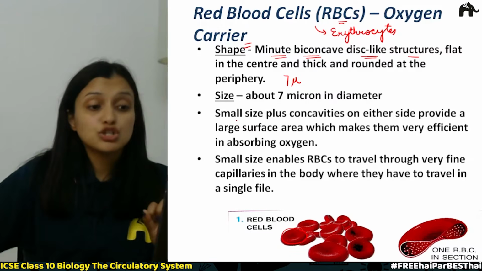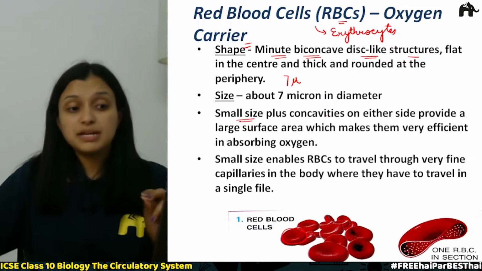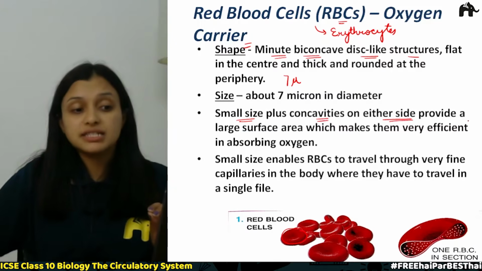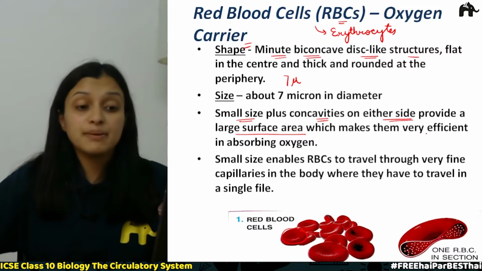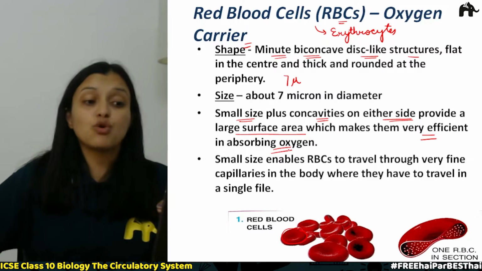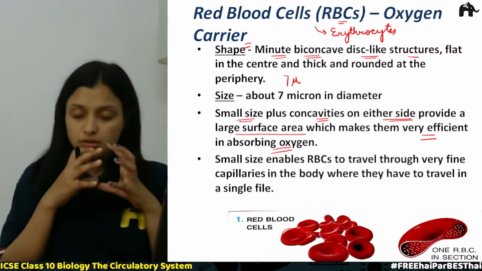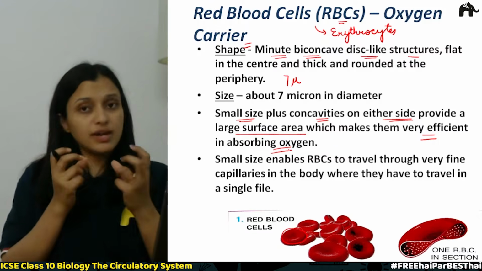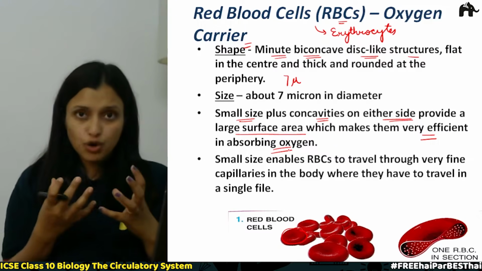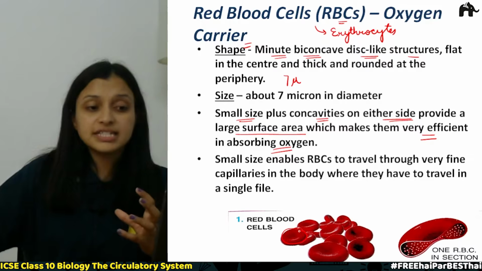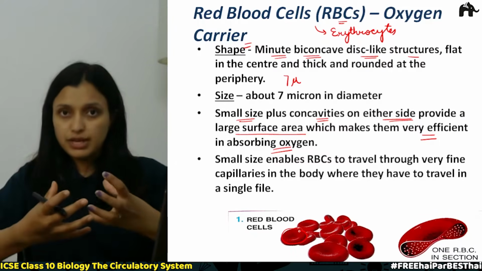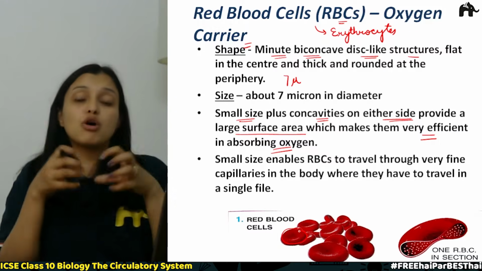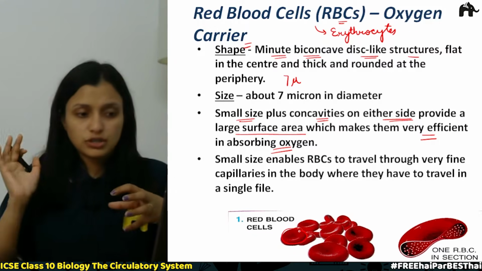The small size plus concavities on either side provide a large surface area, which makes them very efficient in absorbing oxygen. They are very small, plus they have concavities on either side, which gives them a large surface area where they can absorb and transport oxygen.